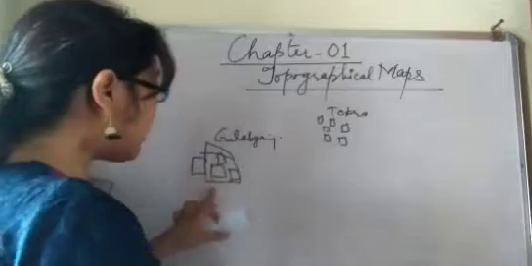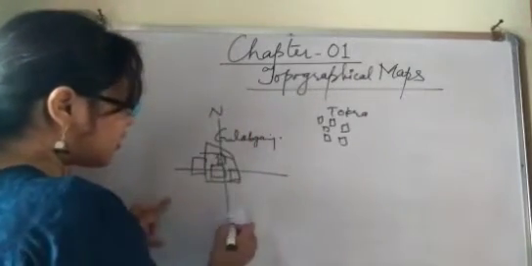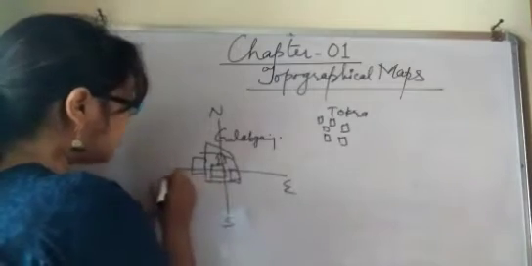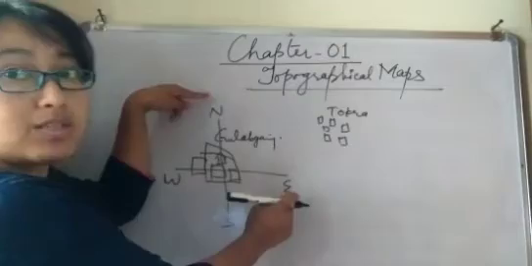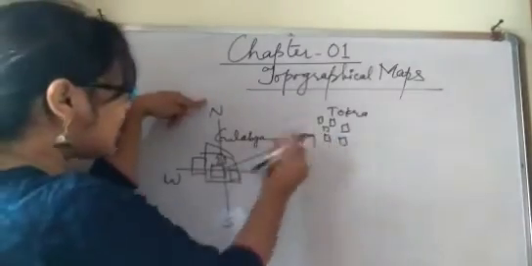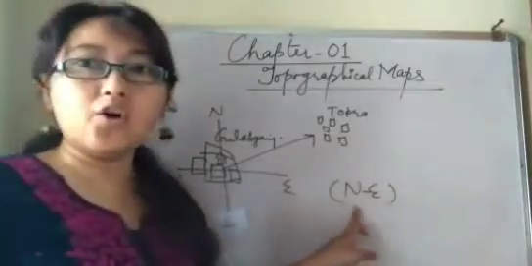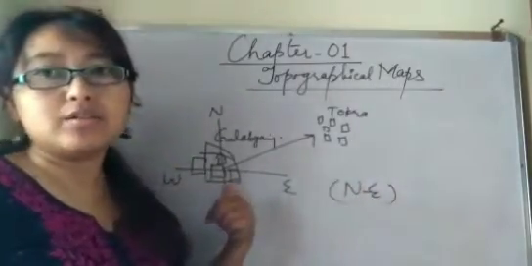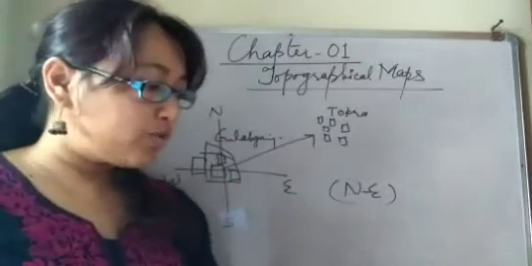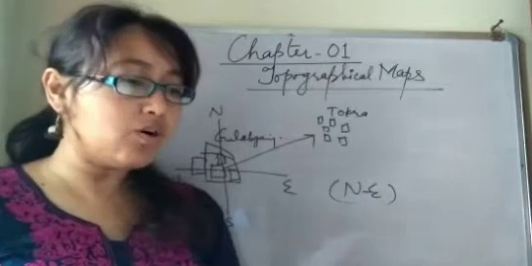From Gulabganj you make the directions: north, south, east, west. Tokra is between these two directions, so that is northeast. So Tokra is towards northeast from Gulabganj. Clear? Okay. The rest of E, questions 1 to 4, is your homework.